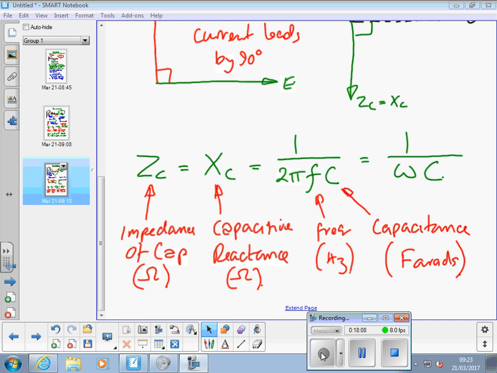So ZC could be used to represent the impedance of the capacitor. It's also equal to XC, the capacitive reactance in ohms. F is the frequency in hertz in the 1 over 2 pi FC. And C is the capacitance in farads in both cases. Okay.